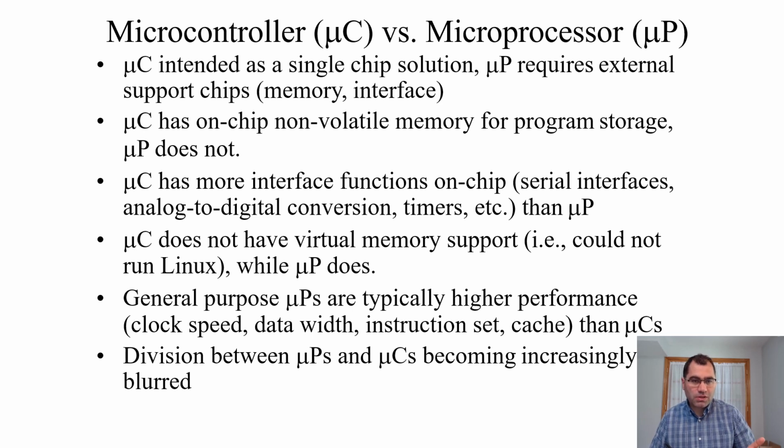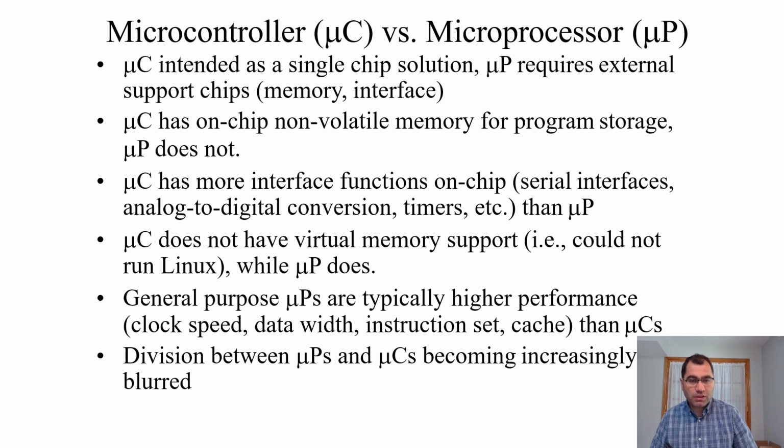Another difference is that a microcontroller has more interface functions on chip, like serial interfaces, analog to digital conversion and timers, more than a microprocessor. A microcontroller does not have virtual memory. What that means is it cannot run an operating system, while a microprocessor has virtual memory.